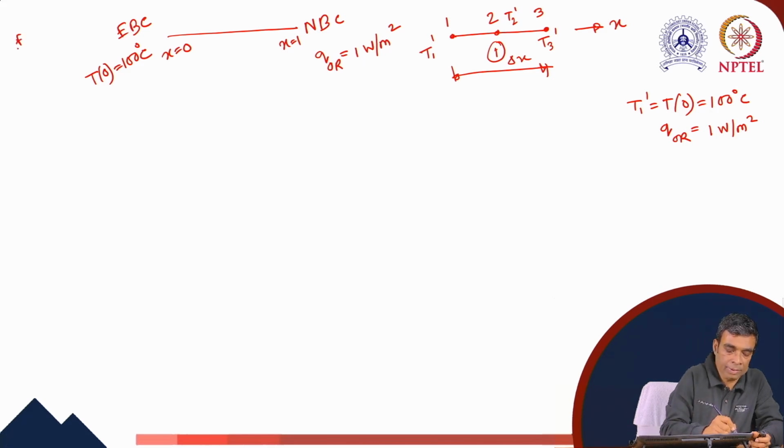So this is EBC plus NBC implementation using a 1D quadratic bar element.